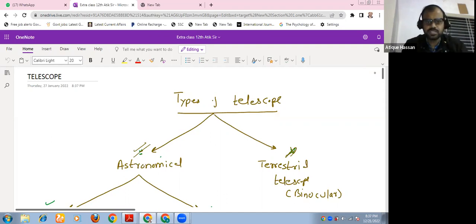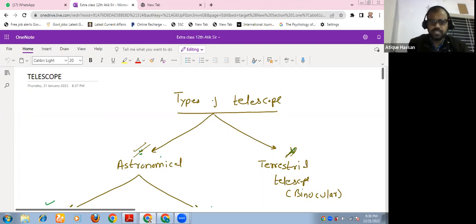In brackets you can write: normal position, or at least distance of distinct vision, bracket close, according to our requirement.